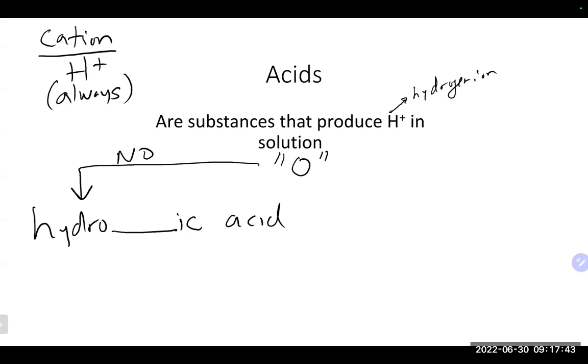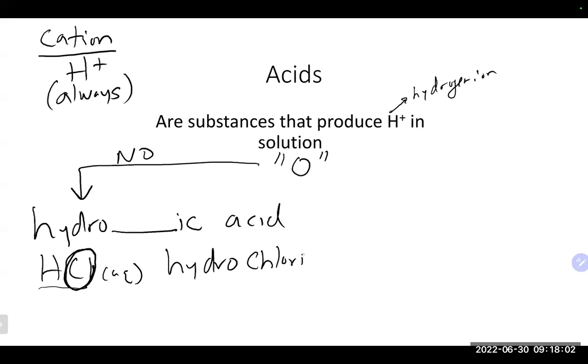So if we have something like HCl, this is going to be no oxygen. So this would be hydro. The missing part is the negative guy here, chloric acid, where the cation here would be H+, and the anion would be Cl-.